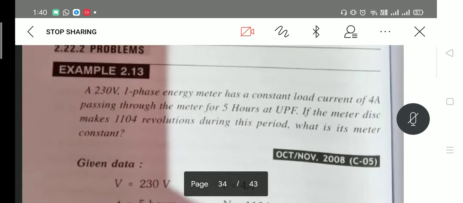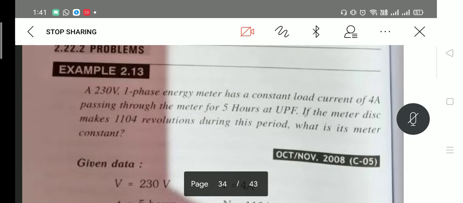Okay, we have some types of problems in the energy meter. Let us discuss the problems now. A 230 volts single phase energy meter has a constant load current of 4 amps passing through the meter for 5 hours at UPF.